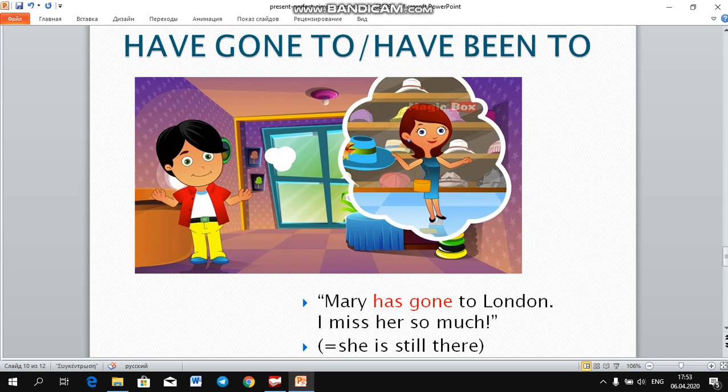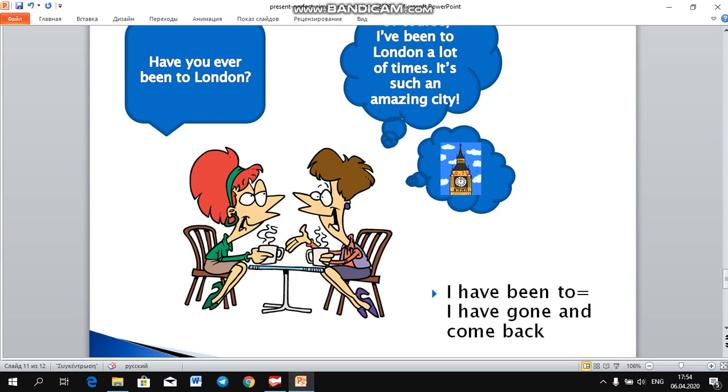And now it's the turn of have been to. When can we use have been to? Have been to means I have gone and come back. Let's look at the example.